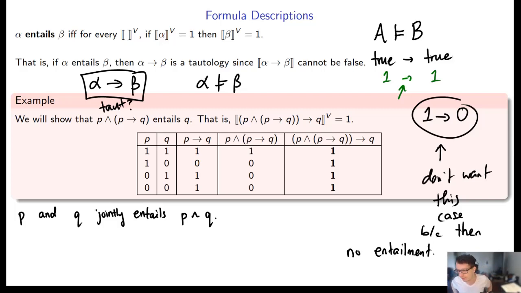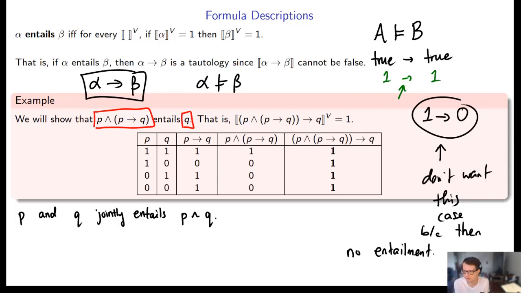So let me move that away. We can use this specific example here. I already have the truth table set out, so I just want to talk through this. The example is to show that P and P arrow Q entails Q. The difficult part isn't the truth tables at this point.